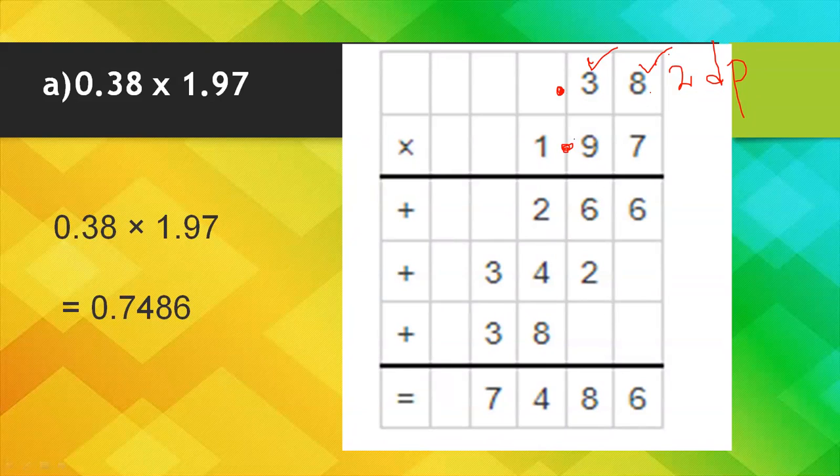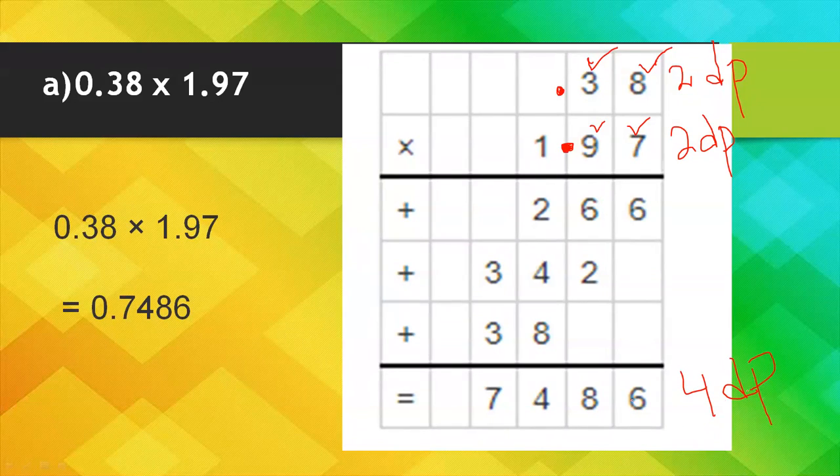Because I am counting the digits. Now for the next one, after the decimal, I am counting these digits. How many digits? Two decimal places, 2 dp. So what is the total dp? 4 dp. Add 2 dp plus 2 dp, and it gives you 4 decimal places.